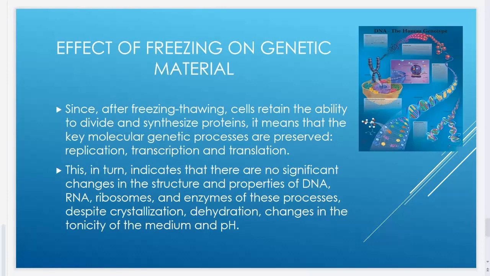Even the double helix of DNA purified from structural proteins and enzymes is not damaged by freezing and subsequent heating. Its physicochemical properties are preserved. This indicates the extreme stability of the genetic material.